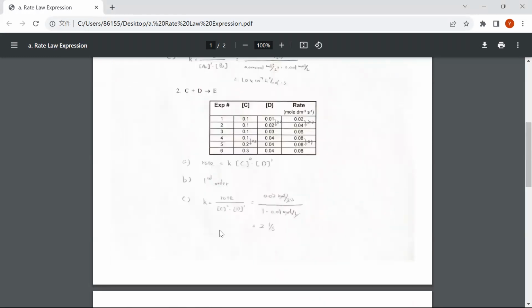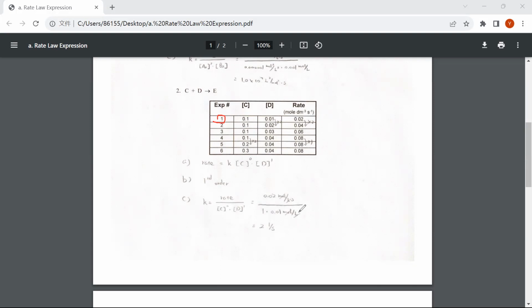And to determine the K, we follow the same steps. It's rate divided by the concentration of C with exponent 0 and concentration of D with exponent 1. And we also have to plug in the experiment 1 data for all three values. So we get the final answer of 2.